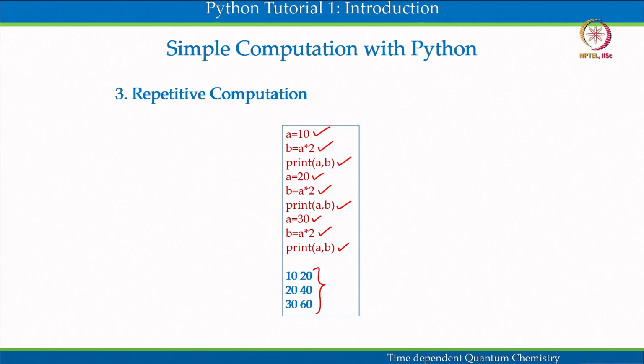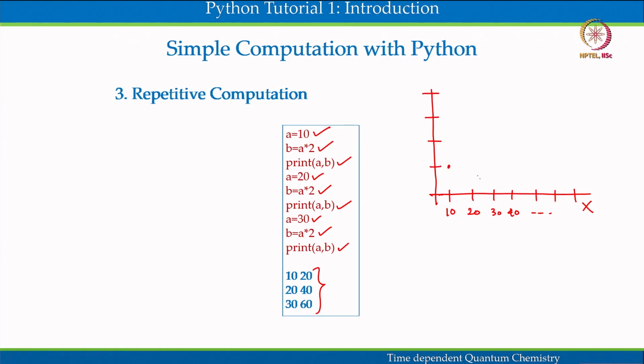Many times what we do in the x-axis, we take a sequence with a well specified difference. So we can take 10, 20, then 30, 40 like this, and then we convert the values of y accordingly, and we get some values like this.